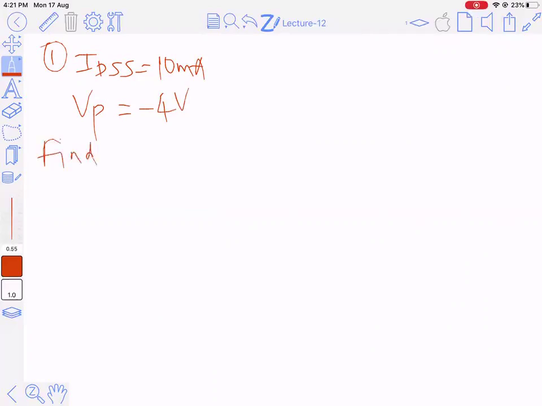Find IDS for VGS equal to 0 volt, -1 volt, and -4 volt, for these three cases.